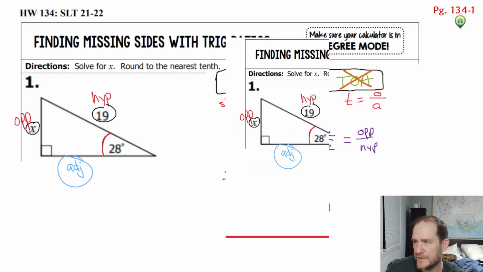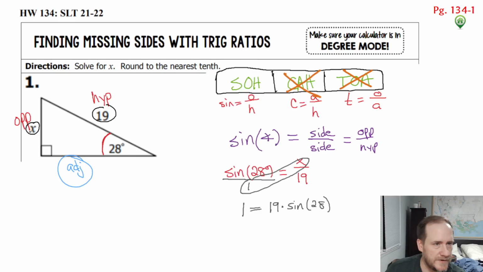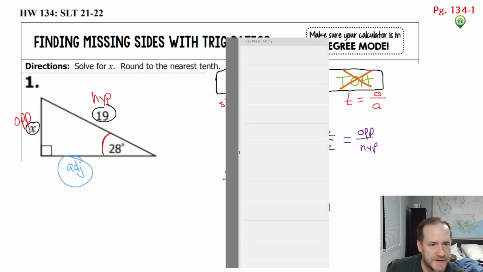Let me see if I can pull up my calculator. Yeah, I didn't think so. All right, let me pull that up again. I think my calculator kind of crashed. Any minute now.